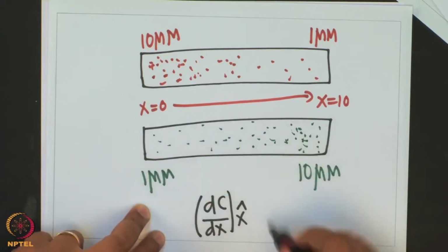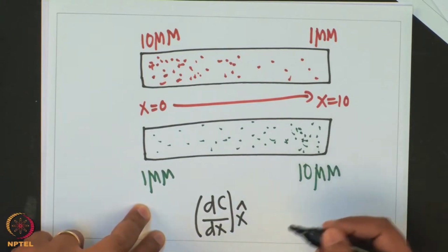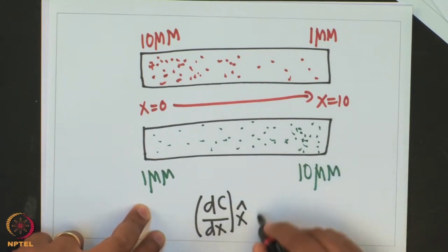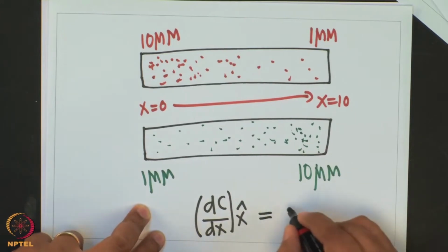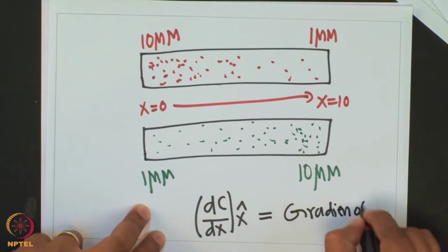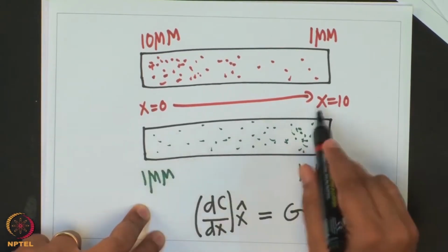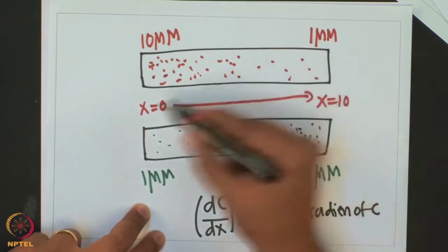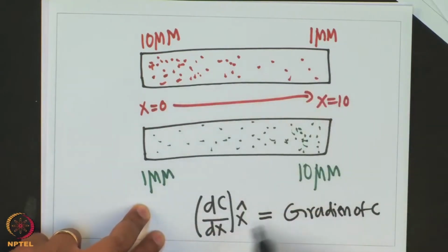Now you could have a situation where the change is happening along the y axis. To represent that, we would do it differently. If I just write dc by dx x cap, this is the gradient of c. This is a vector, it has a direction, it is changing in a particular direction along the x axis.